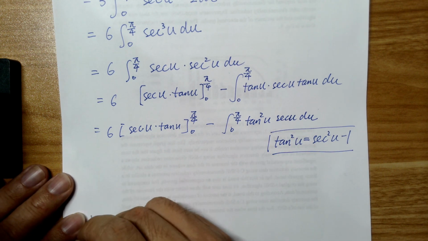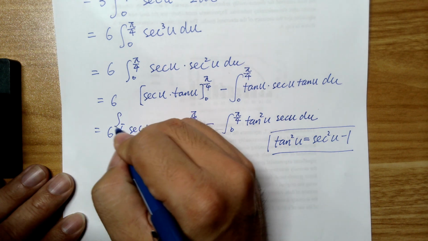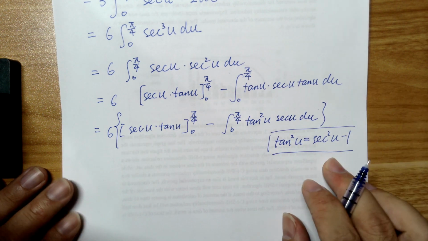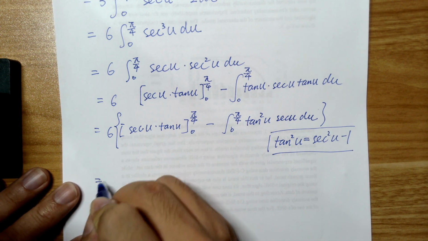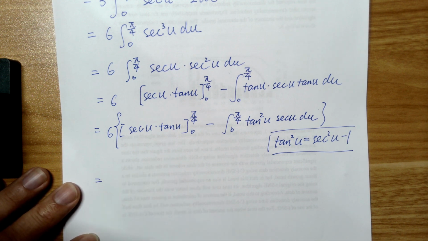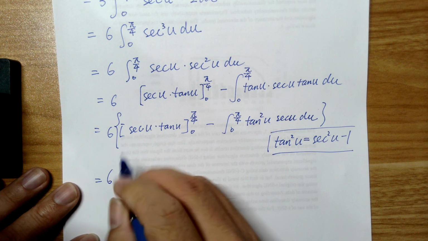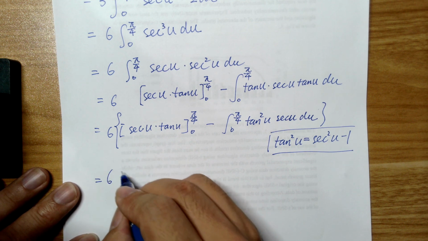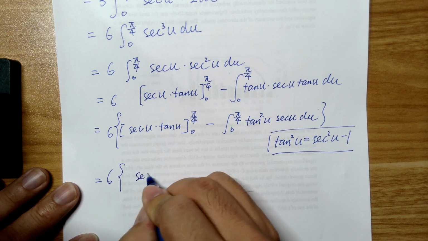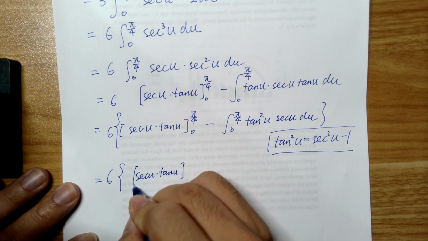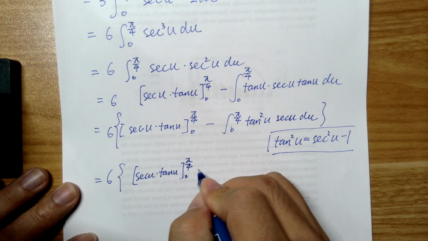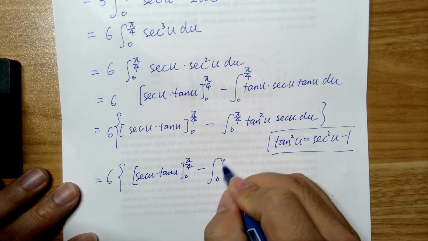So the problem becomes 6 secant u tan u from 0 to pi over 4, minus the integral.